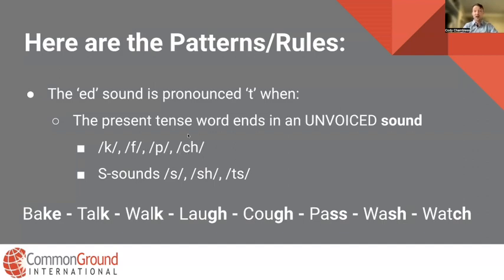So notice that all of these sounds come from my mouth and usually my lips, like the front part of my mouth right here. There is no chance for a voice or a vibration coming from my throat. Same thing with the S sounds. S, sh.